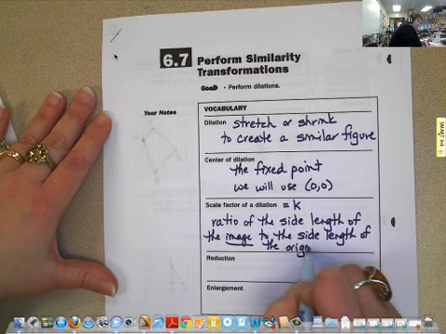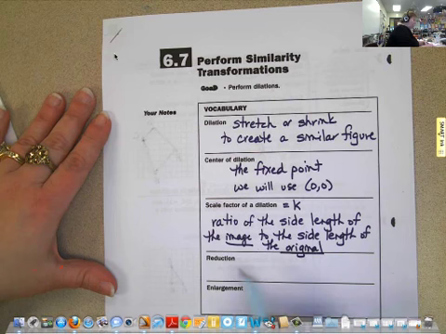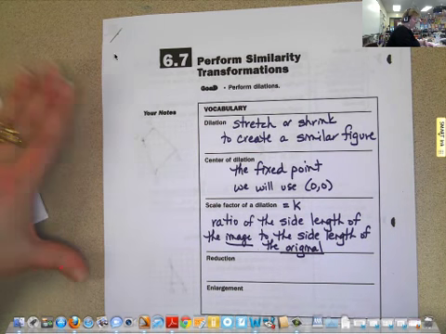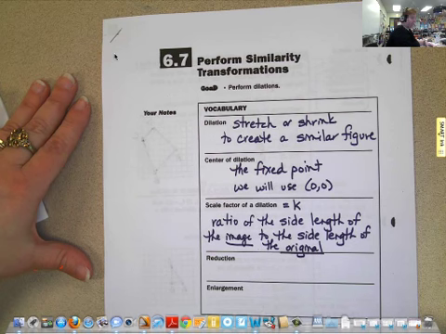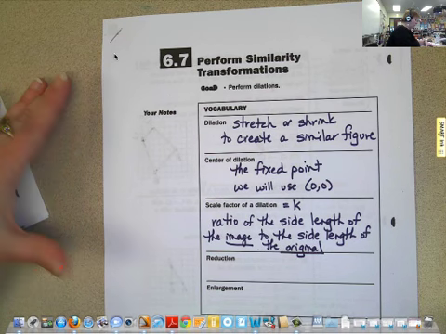It's really important that you have the fact that it's from the image to the original. Because obviously a scale factor of 1 to 2 is different than a scale factor of 2 to 1.